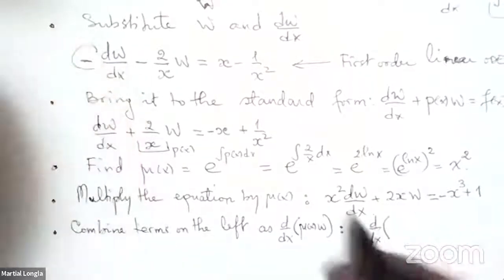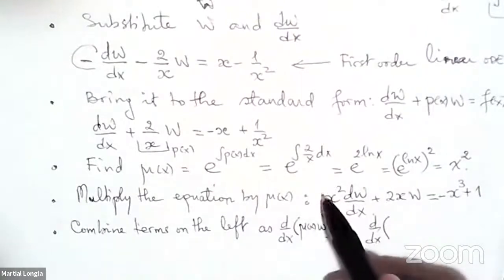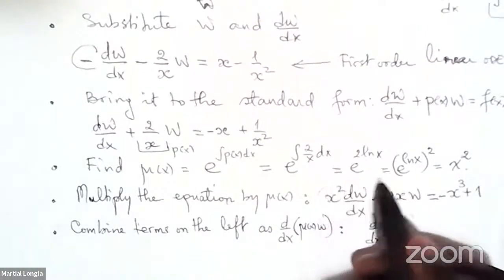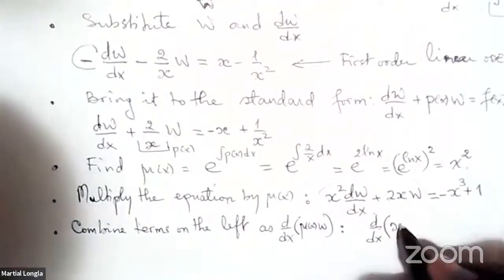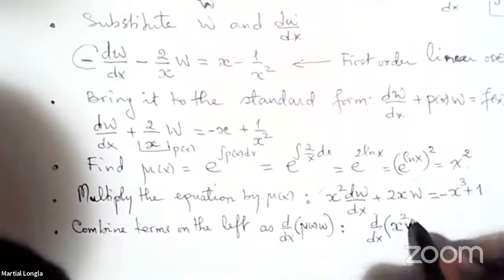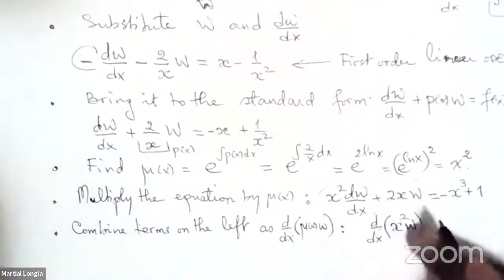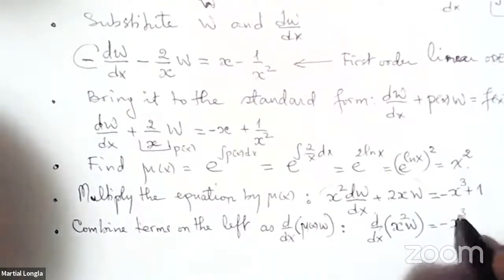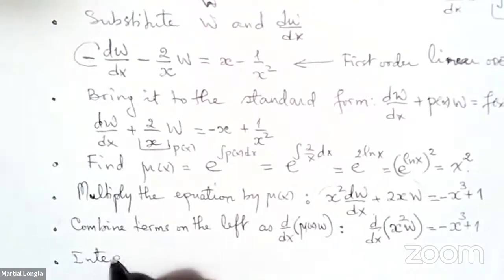In any case, it's always going to be that. And if you check here, you see the derivative of x squared is 2x. So that's why this thing here is the derivative of x squared w, which is the derivative of the integrating factor times w, equals, and the right hand side is what it is, negative x cubed plus 1. And the next step is to integrate both sides.